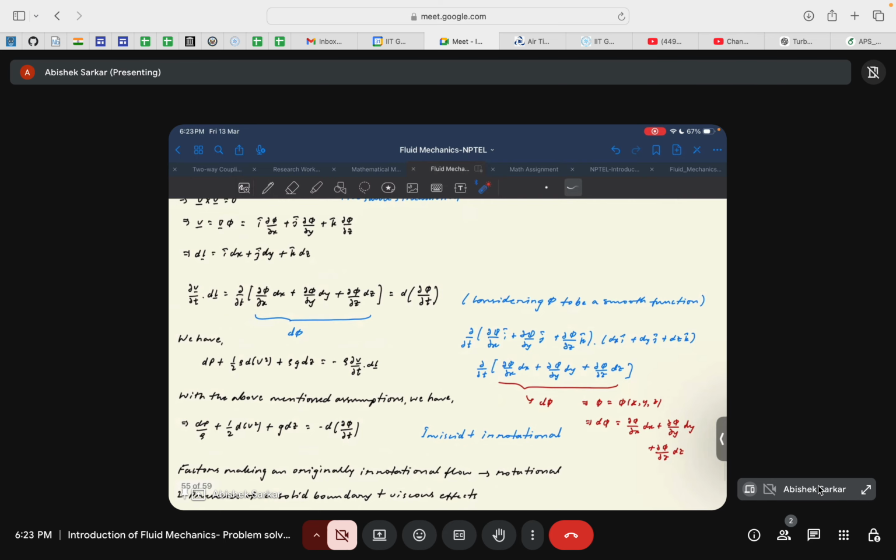If you simplify this expression and substitute the value of v, you will get dou by dou t of dou phi dou x dx plus dou phi dou y dy plus dou phi dou z dz. That would be equal to the complete derivative of dou phi by dou t. Considering phi to be a smooth function, you can interchange the order of derivatives, so you will end up with this expression.